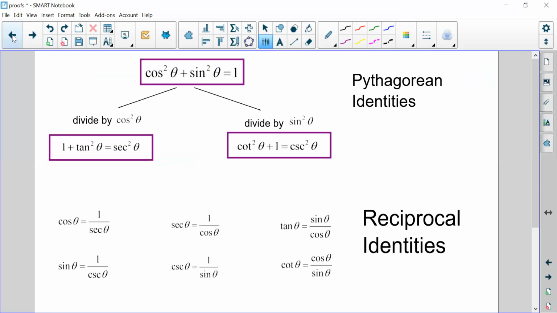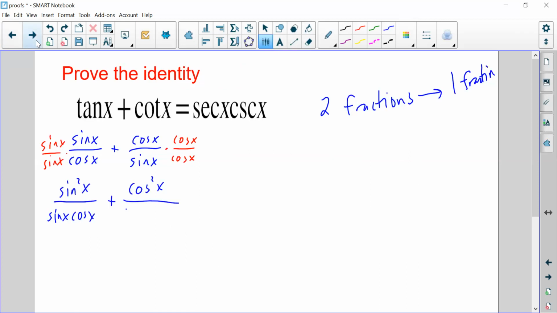If your brain is thinking about this, good, it should be. The whole point of a common denominator was that I can add them up. So now I add them.